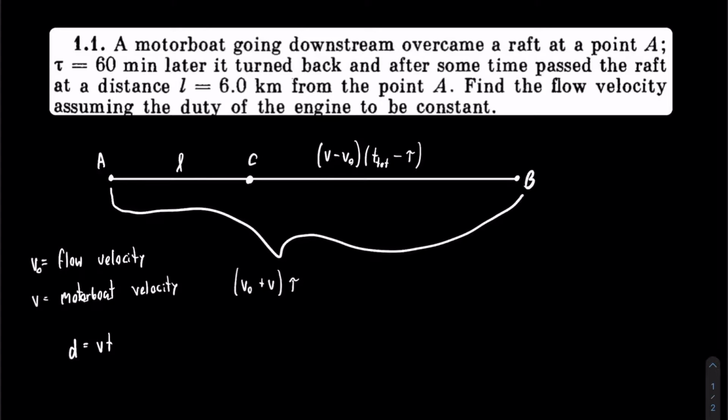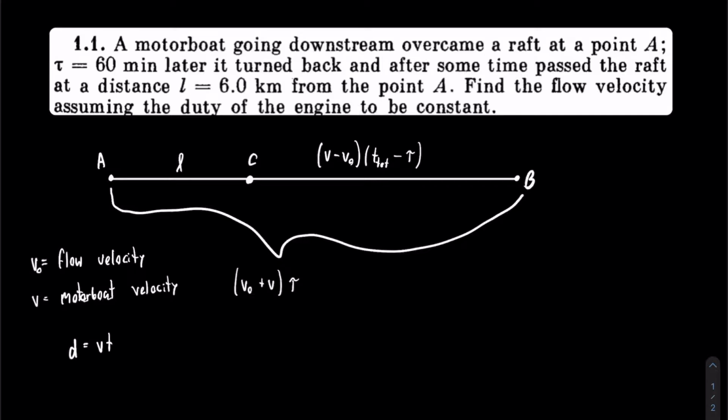You may have noticed that this is too many variables, so let's try and decrease that and solve for t total. t total is not just the time it takes for the motorboat to go from A to B back to C. It is also the time it takes for the raft to go from A to C. If we rearrange the basic rate of change equation, we get that time is equal to distance divided by velocity.